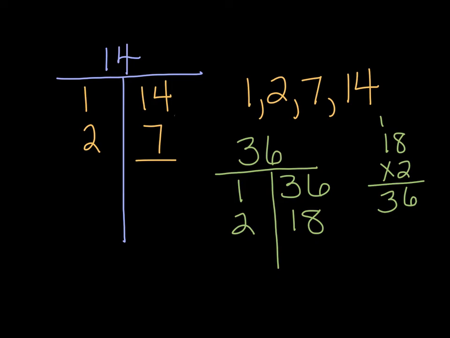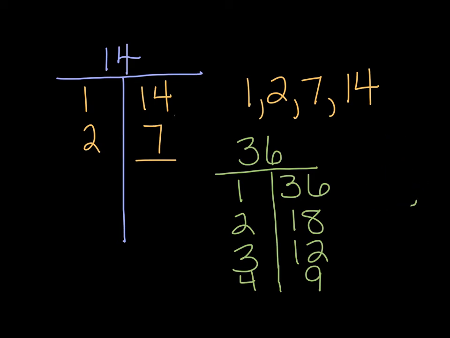Okay? Then we're going to look at 3, and there is a 3's fact, 3 times 12. We're going to extend that a little bit. There is a 4's fact, 4 times 9. Is there a 5's fact? Is there a 6's fact? Yes, and I've run out of space here, so we're going to move this over to the other side.